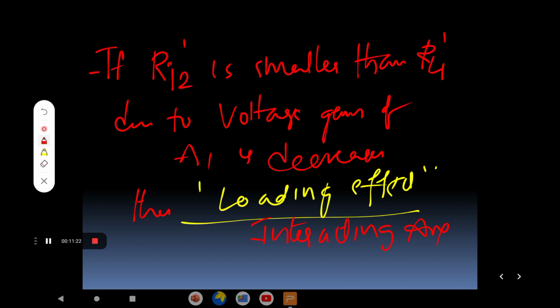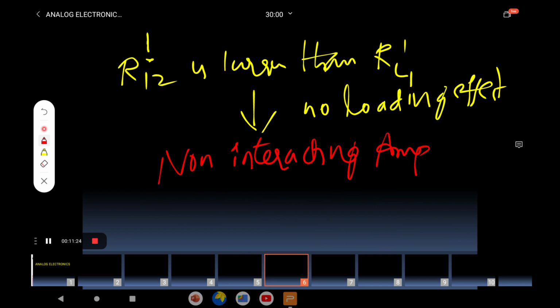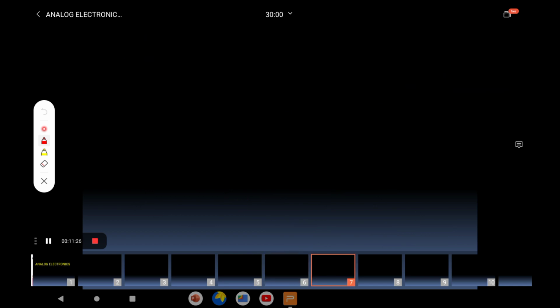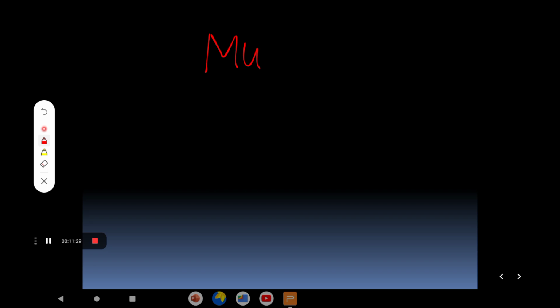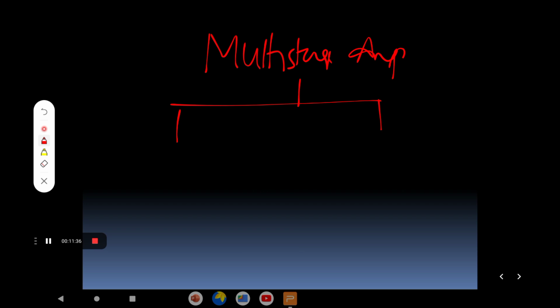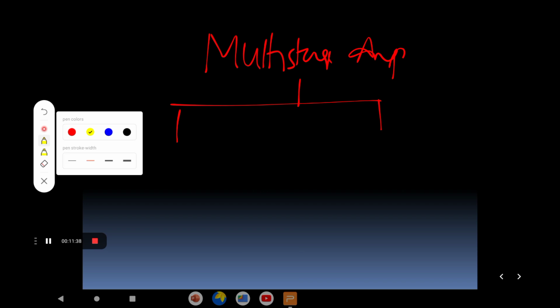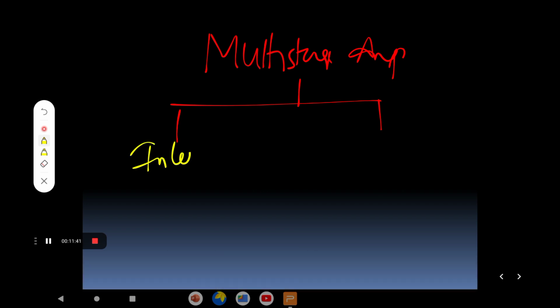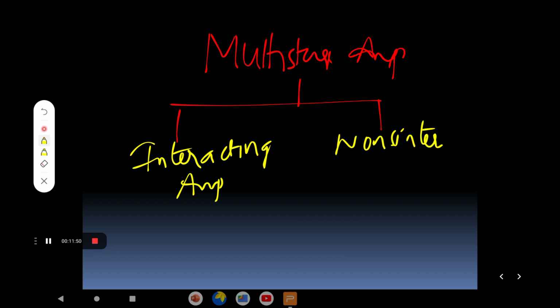Based on this, multi-stage amplifiers can be broadly classified into two categories: the first is interacting amplifiers, and the second is non-interacting amplifiers.